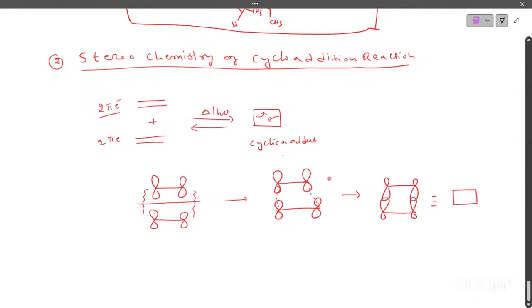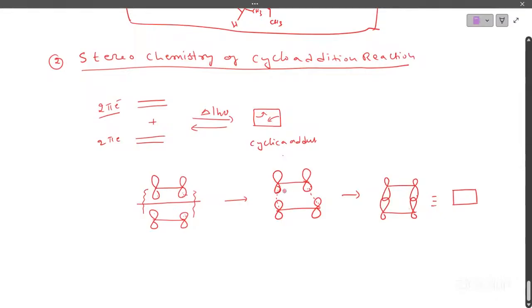Look at this interaction. If you consider this to be the first pi system, in the first pi system, 2 lobes are participating in the overlapping with the 2 lobes of the second pi system.